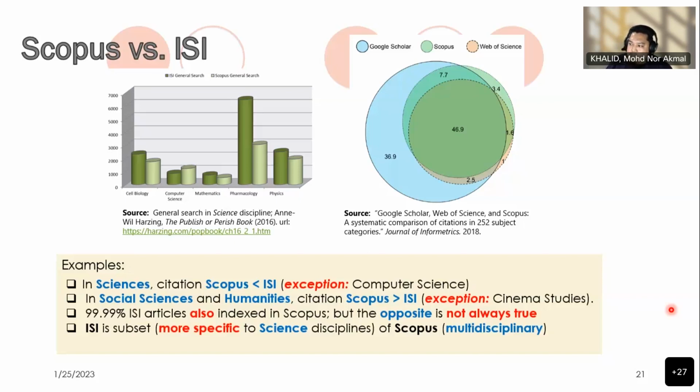Usually Scopus will cover almost everything, but for sciences usually will be much more covered by Web of Science. And of course, you can see Google Scholar tries to cover as much as possible as well. And of course, this depends on the subscription that you have as well. So ISI is a subset that is much more science discipline, but Scopus is much more multidisciplinary.